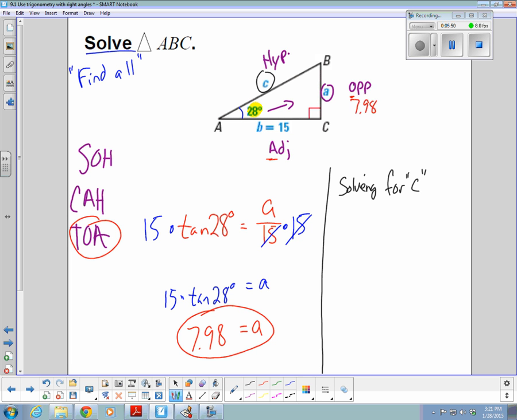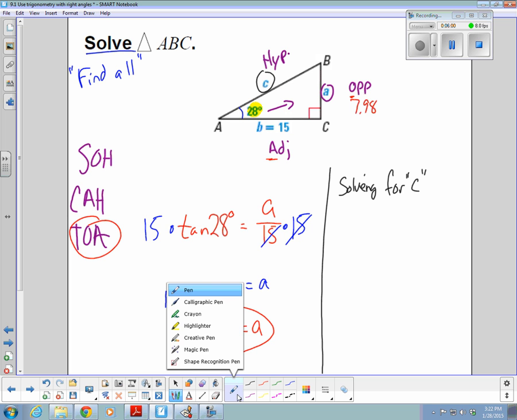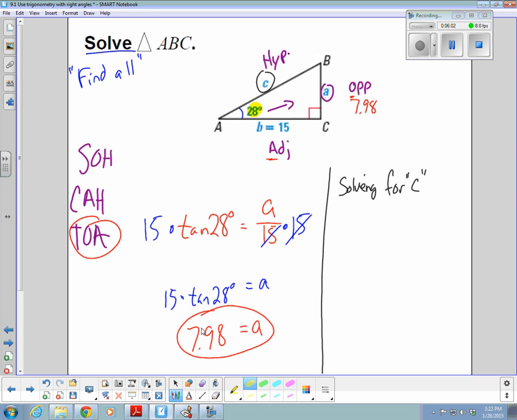Okay, so I'm gonna use that same 28-degree angle. I like that one. That's nice and easy. So if I have that 28-degree angle, and now I'm working with, let's use the adjacent. Let me highlight in light blue. We're gonna use the adjacent, and then I'm gonna use the hypotenuse to find out what C is. So which function am I gonna use?